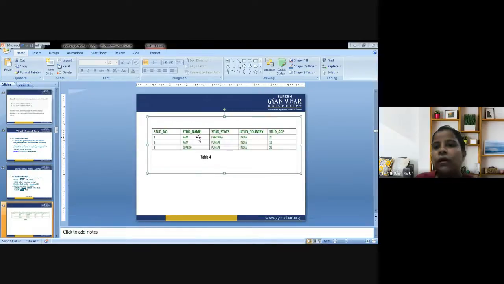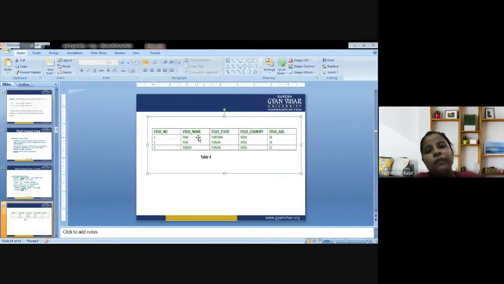These are the five attributes defined here: student number, student name, student state, student country, student age. Student number is 1, student name is Ram, student state is Haryana, student country is India, and student age is 20. The second entry: number is 2, name is again the same, state is Punjab, country is India, and age is 19.